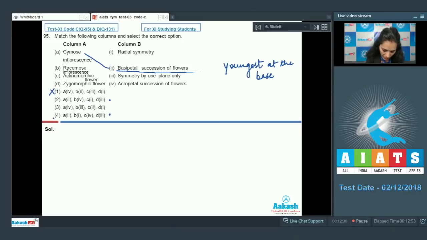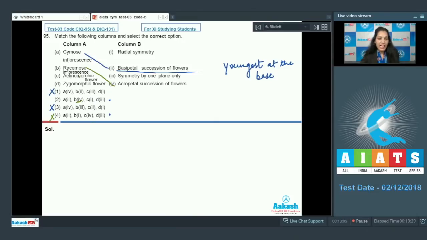These two options are ruled out. Now B, racemose inflorescence. It is exactly the opposite one. In case of racemose inflorescence, youngest flowers are present at the top. So this is called the acropetal succession of flowers. So B goes with 4. This option is also ruled out as B goes with 4 in second option.